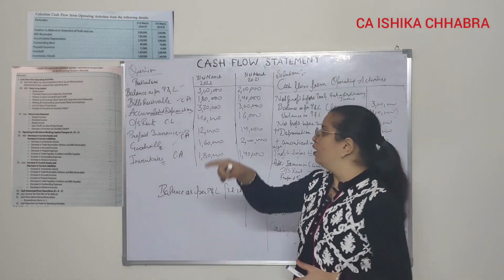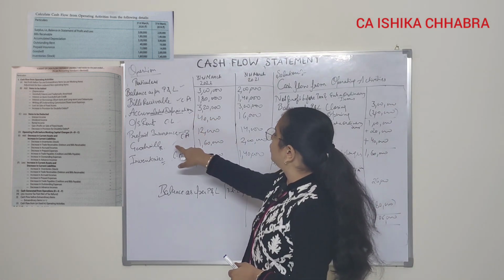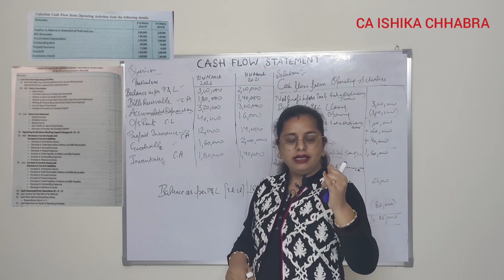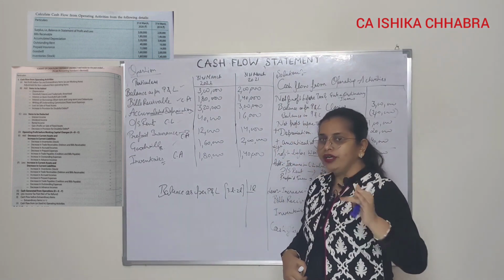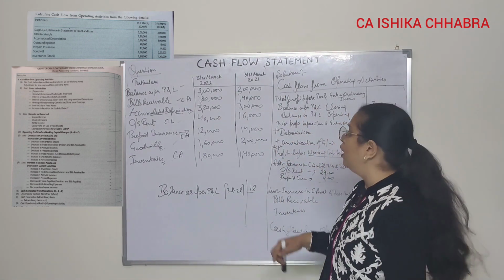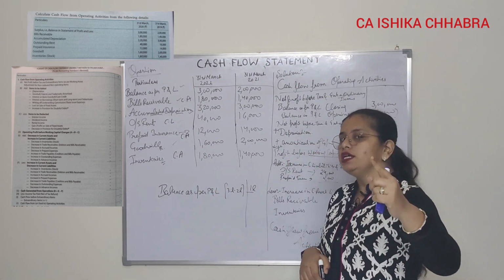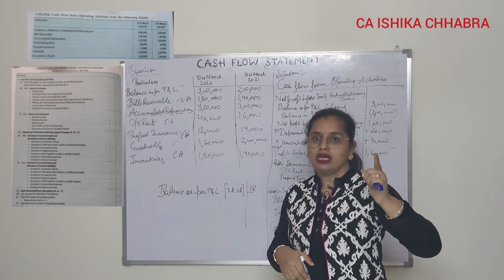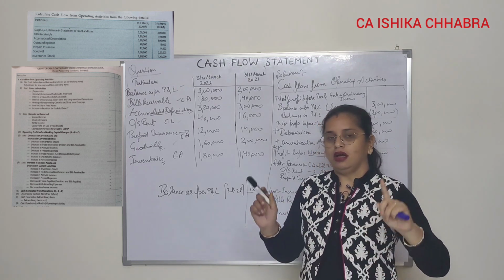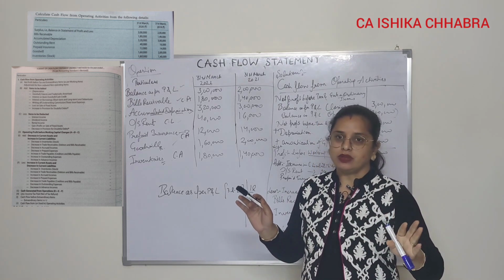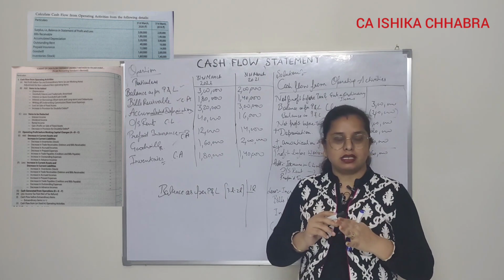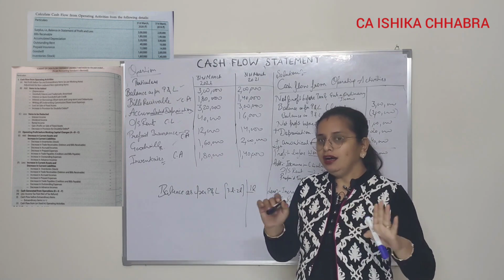Got my point? Next is goodwill. Goodwill is an intangible asset, as I have already told you. If goodwill is increased, that means we have purchased it, because it is an asset, not any expense. Goodwill is an intangible asset that we can't touch.